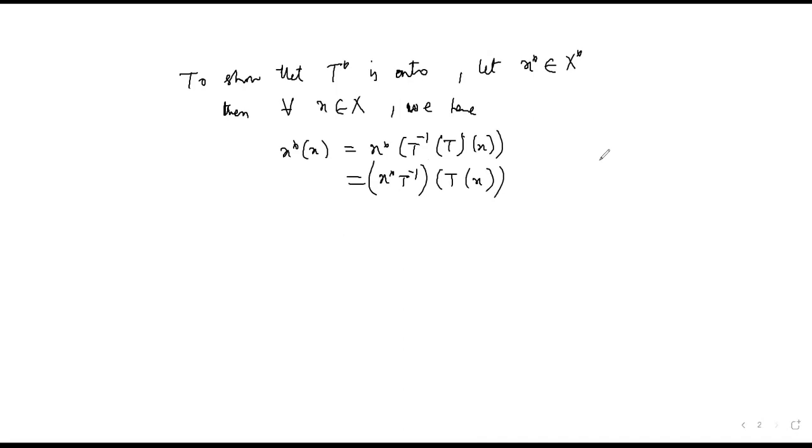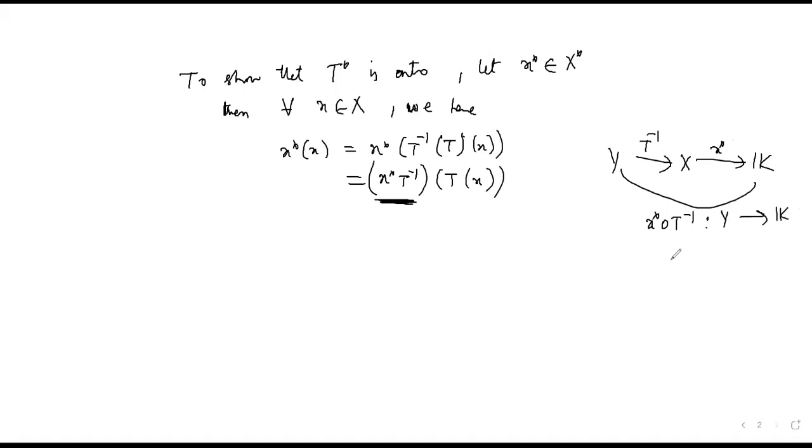Now what we see is that T inverse is a map from Y to X, and x star is a map from X to K. So if you take this composition, applying x star after T inverse, this map here is a bounded linear map from Y to K. It means that it is a sort of y star.